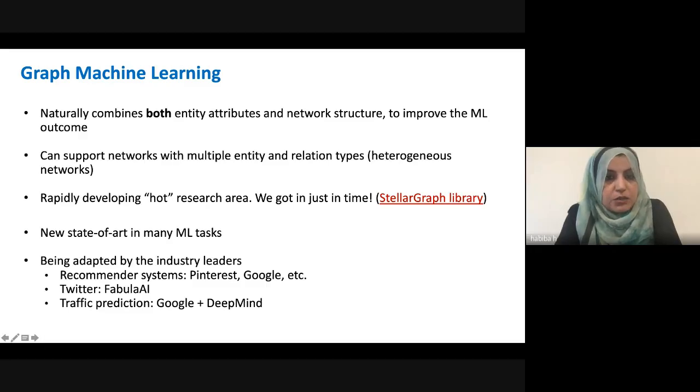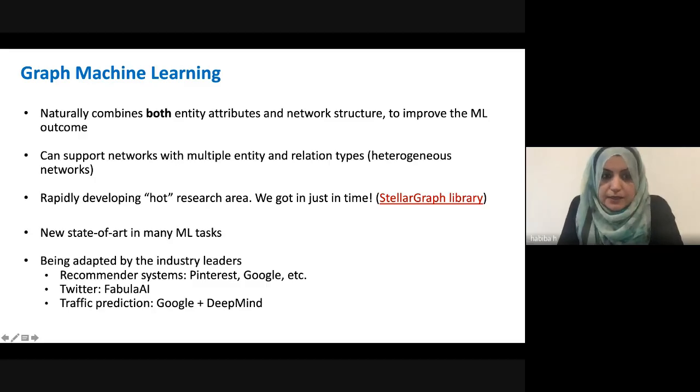Similarly, we can apply these methods not just to one kind of homogeneous relationship or one type of entity, but the field has advanced enough that we can incorporate multiple kinds of relationships and multiple kinds of entities.